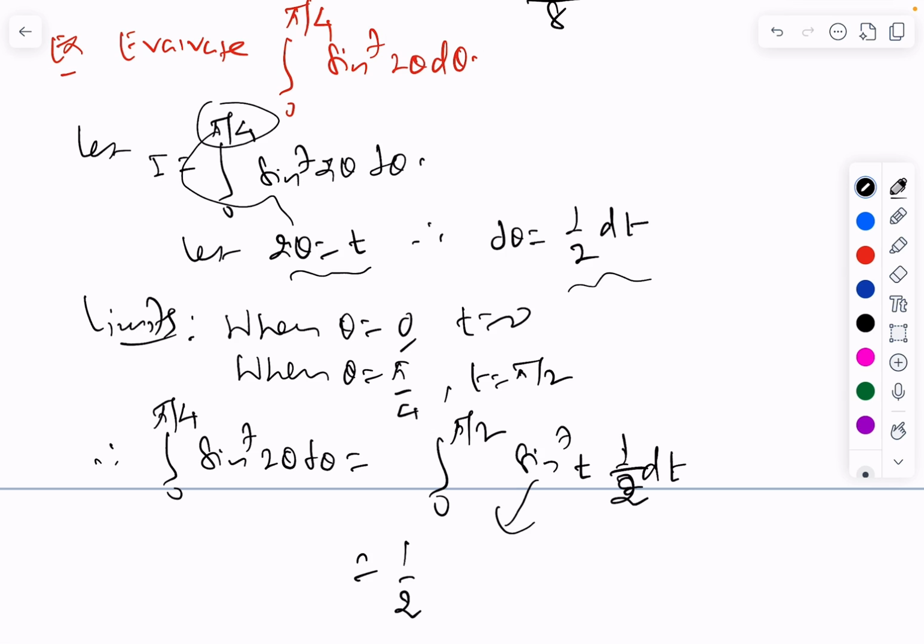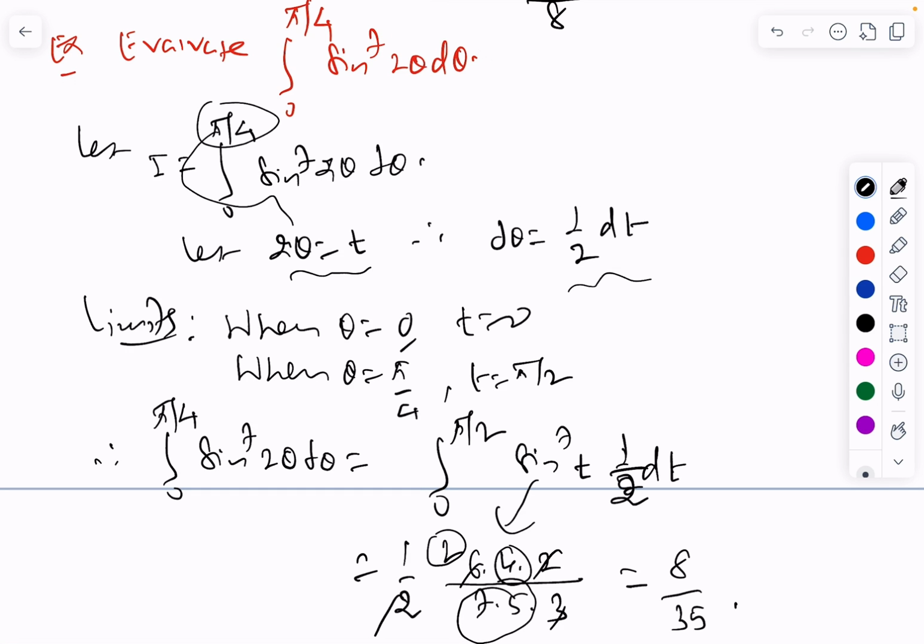Now standard reduction formula. This is 6, 4, 2. This is 7, 5, 3. And since it is odd, we don't need to do anything. Just simplify. So we have 8 over 35.